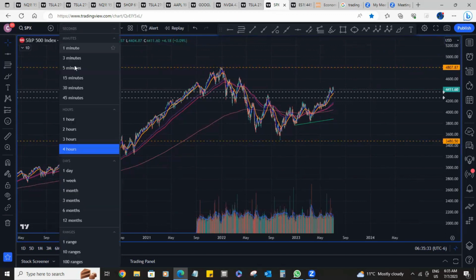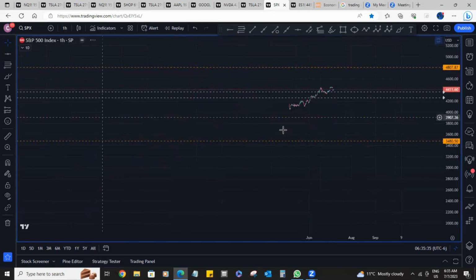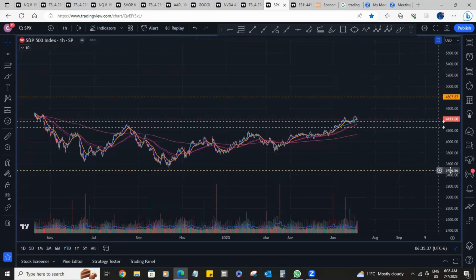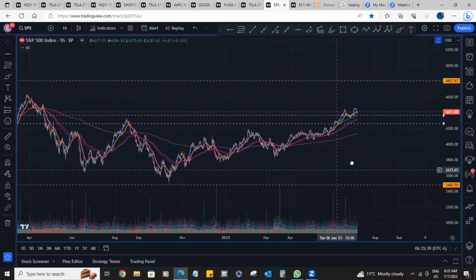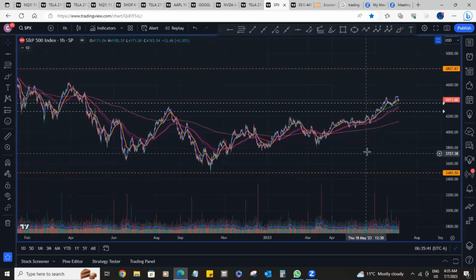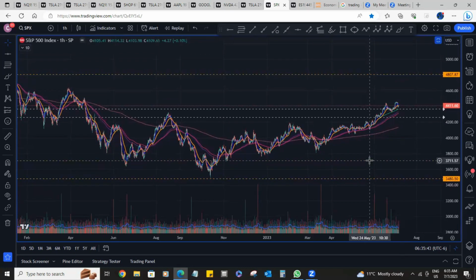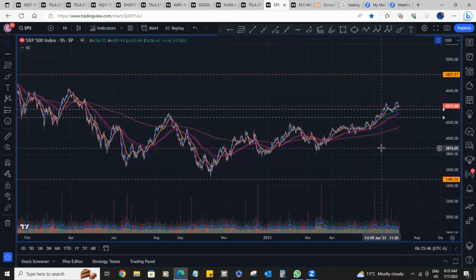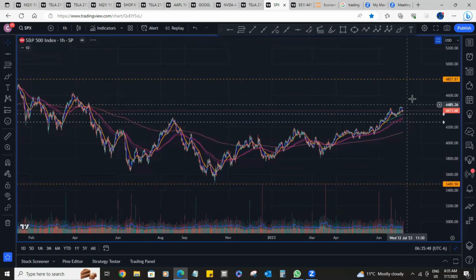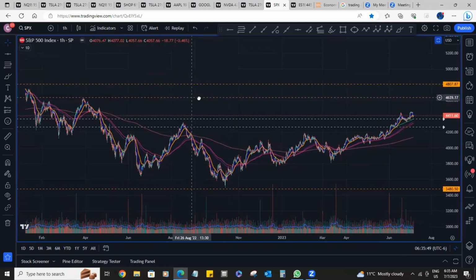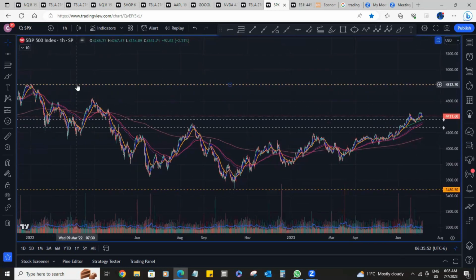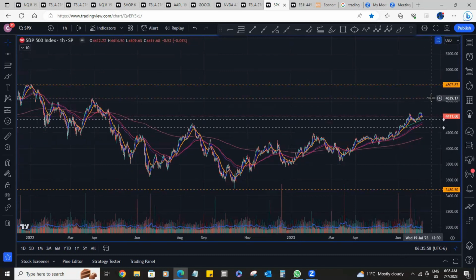Now I'll jump back in to the 1 hour. I need to do this first before we start talking about the next level of how we trade it. So when I look at the 1 hour, there's my high at 48.12 back then. We've got the next one, and for these I'm just going to set alerts.